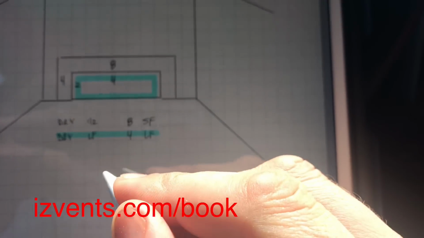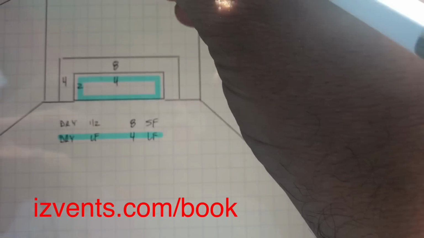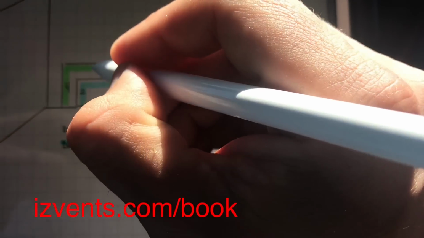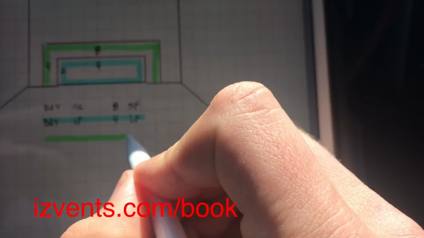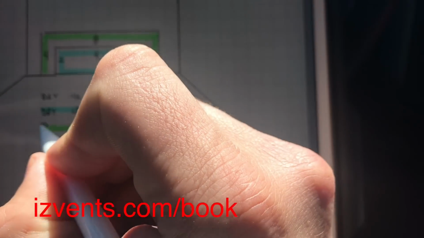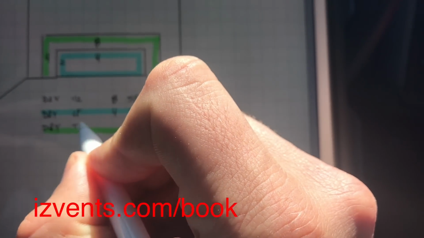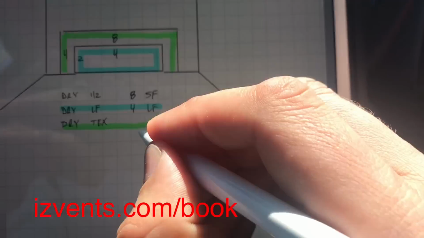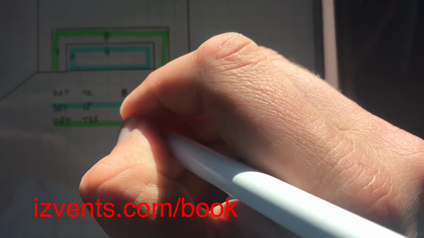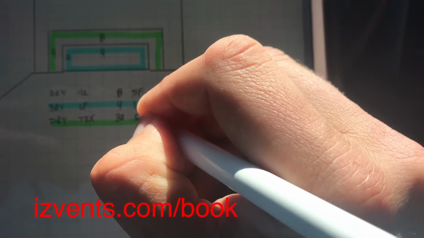So our texture area is 4 by 8, which is 32 square feet, right?